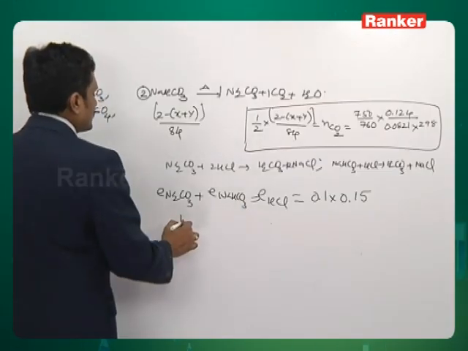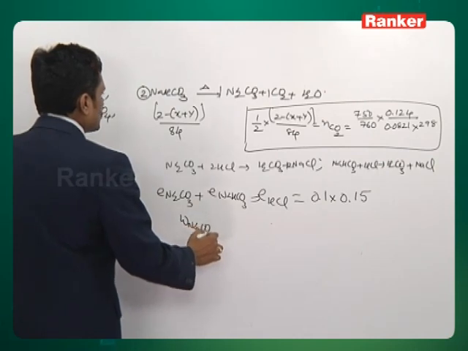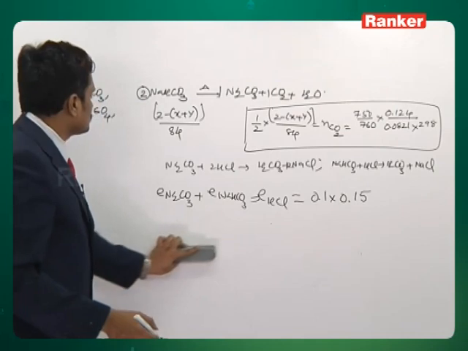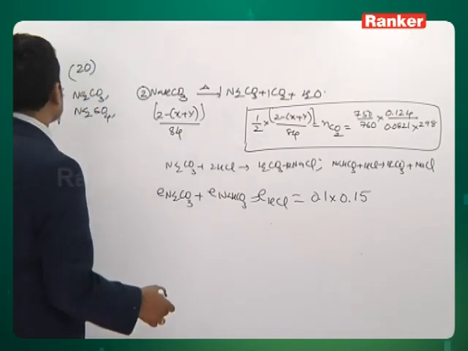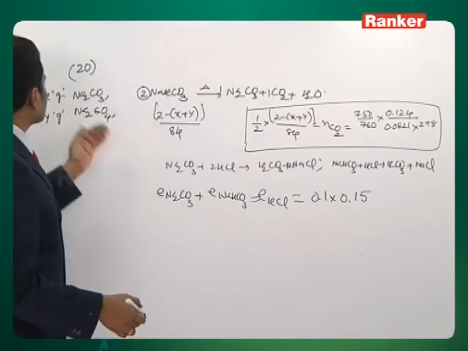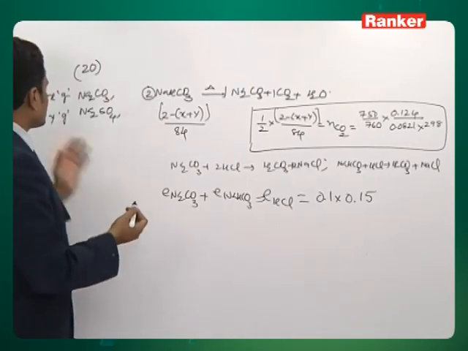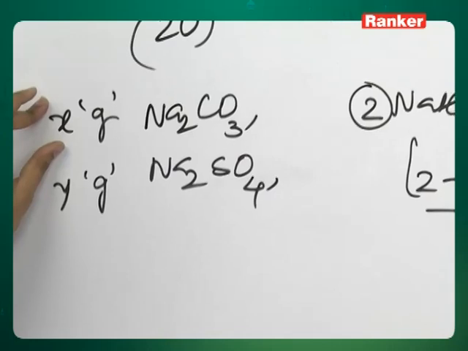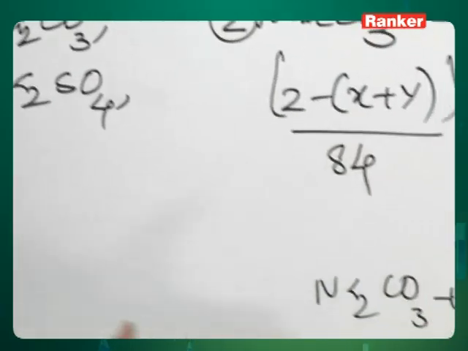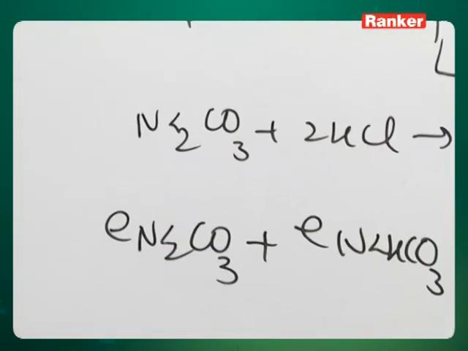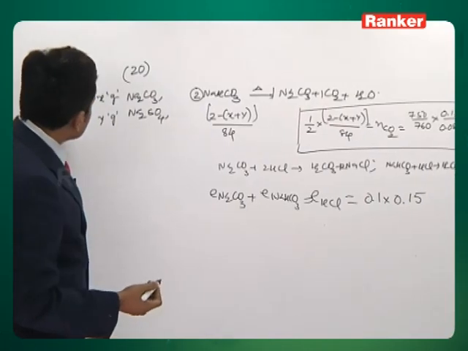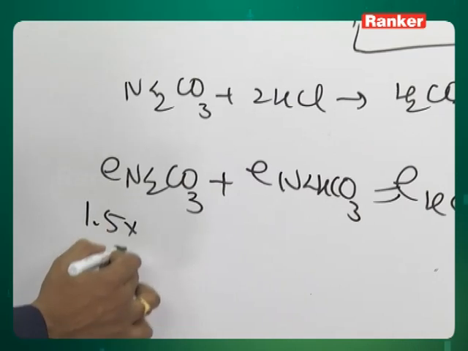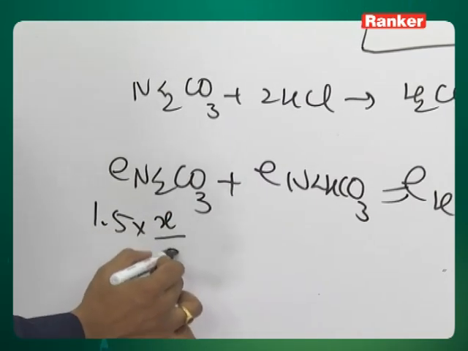So I am writing this as the weight of Na2CO3. This Na2CO3 weight you have taken as x gram. x is per 2 grams of the sample. Here 1.5 gram of the sample was taken, so if it is x for 2 gram, for 1.5 it will be 1.5 into x divided by 2.